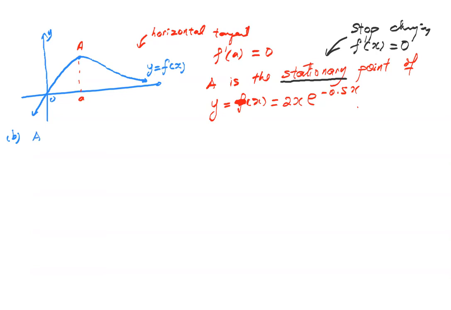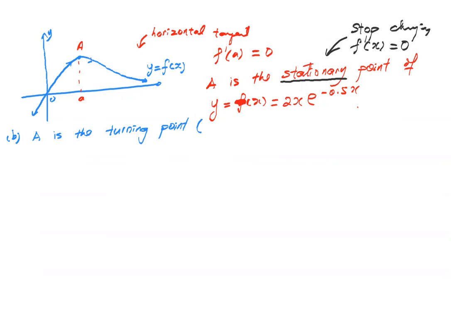Other than the stationary point, we also call A the turning point. So stationary point, we have two types. One is called the turning point. The other one I will introduce to you tomorrow. Why do I call it turning? Because you see, it makes a U-turn here. And this turning point has a special name.